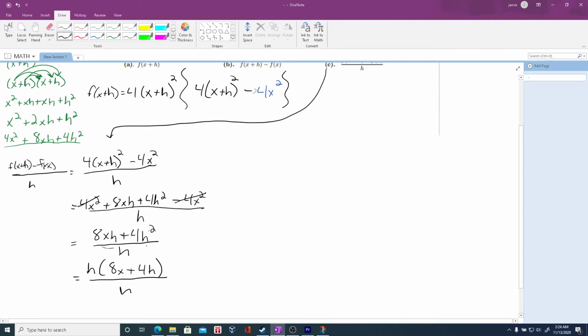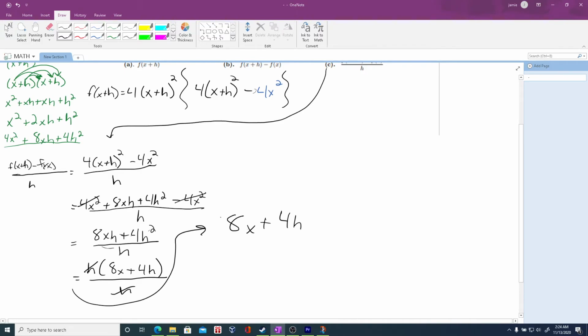You'll notice that the 4 is still going to have an h attached to it because this was 4h squared, so there were 2 h's. Pulling the h out of the numerator only took one of those h's. So the h in the numerator and denominator will cancel out, and now we're left with 8x plus 4h.